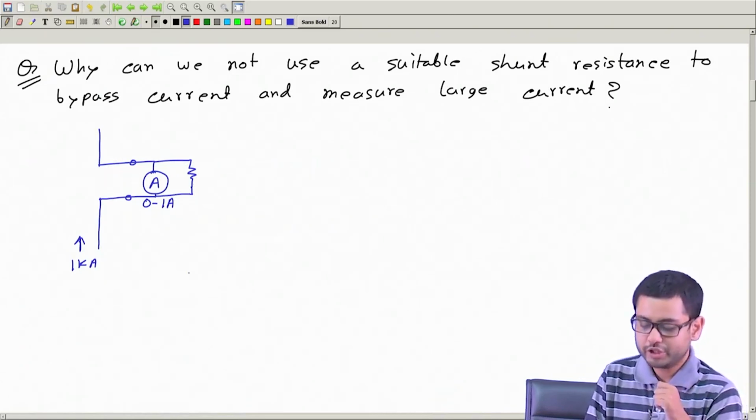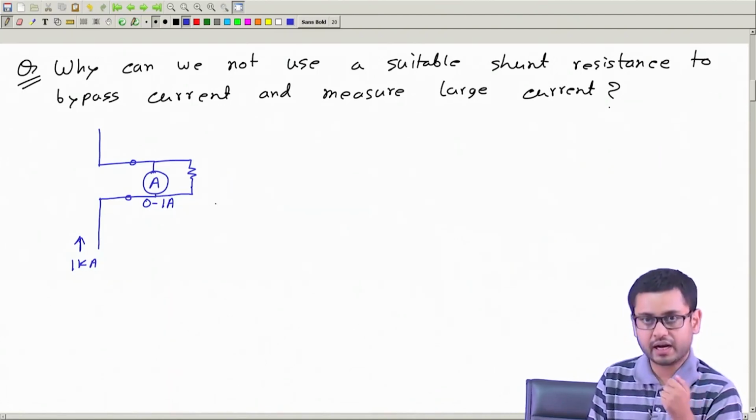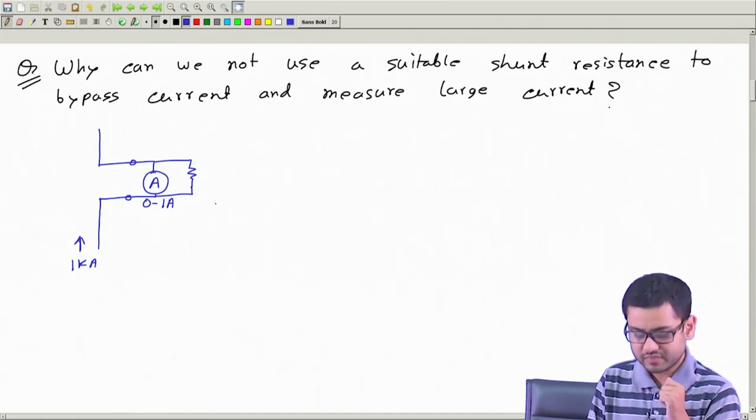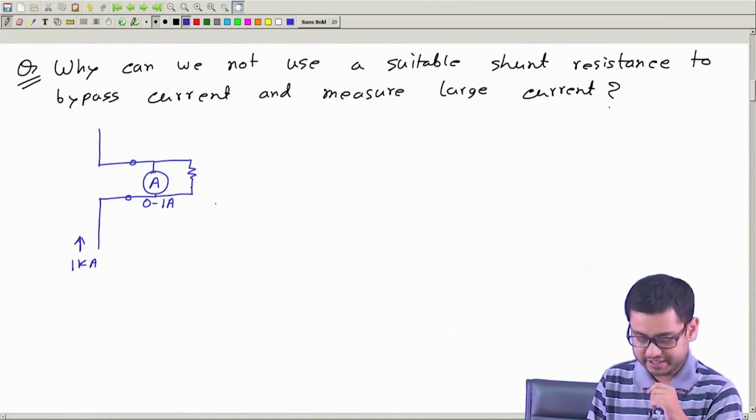That is also possible. So, you may ask, why should we not use this scheme instead of using a current transformer? What are the relative advantage and disadvantage? Let us take an example to understand this.